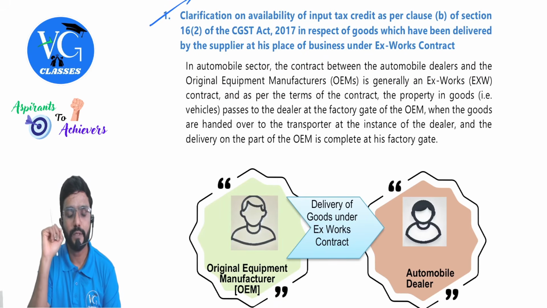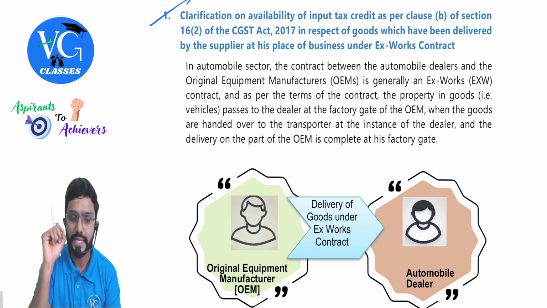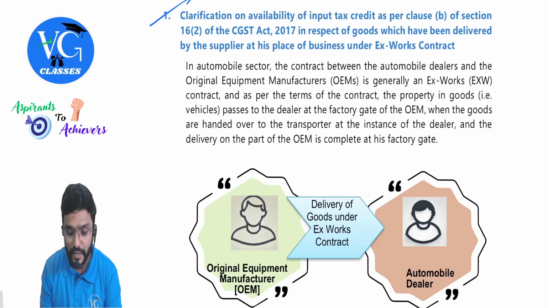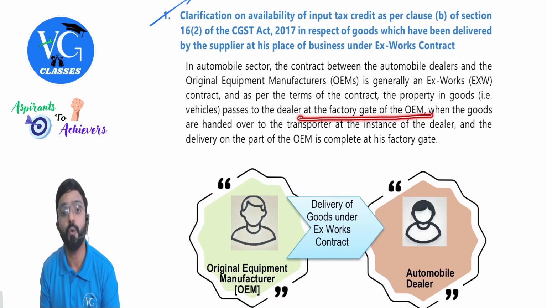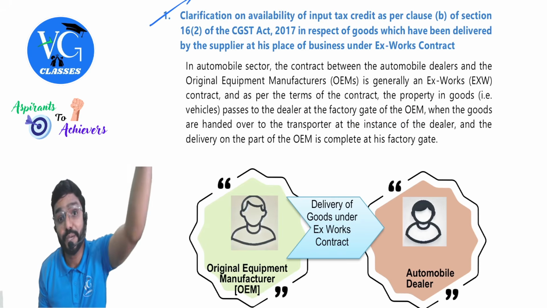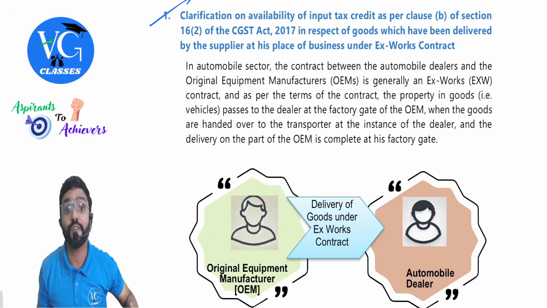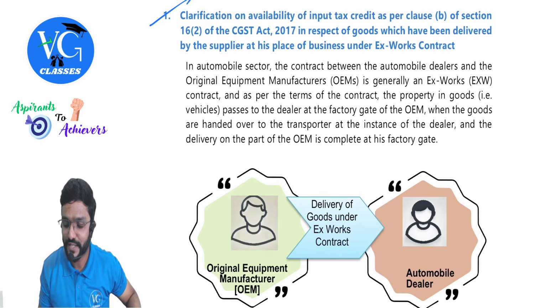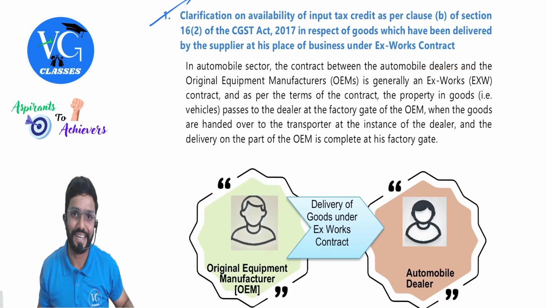As per the terms of the contract, the property in goods, that is the vehicle, passes to the dealer at the factory gate of the OEM. So the property, risk and reward are transferred not at the recipient's place but at the factory gate of the supplier. That is what is called an ex works contract, guys.